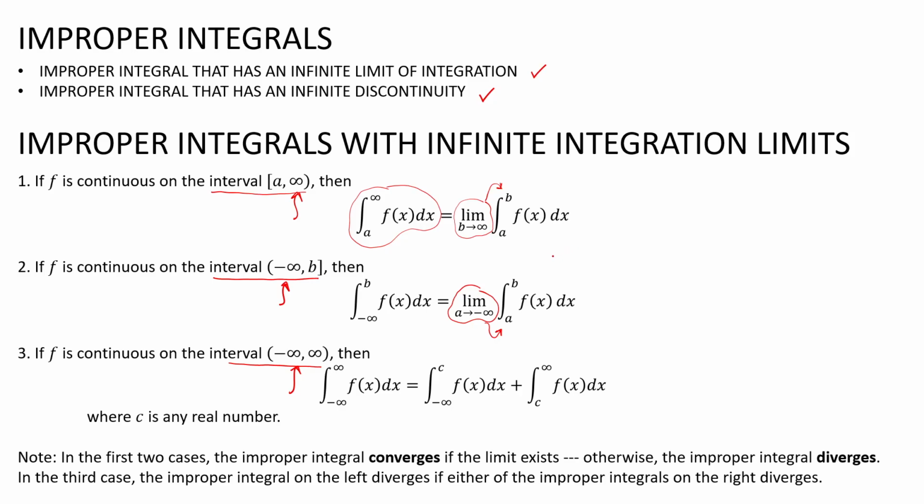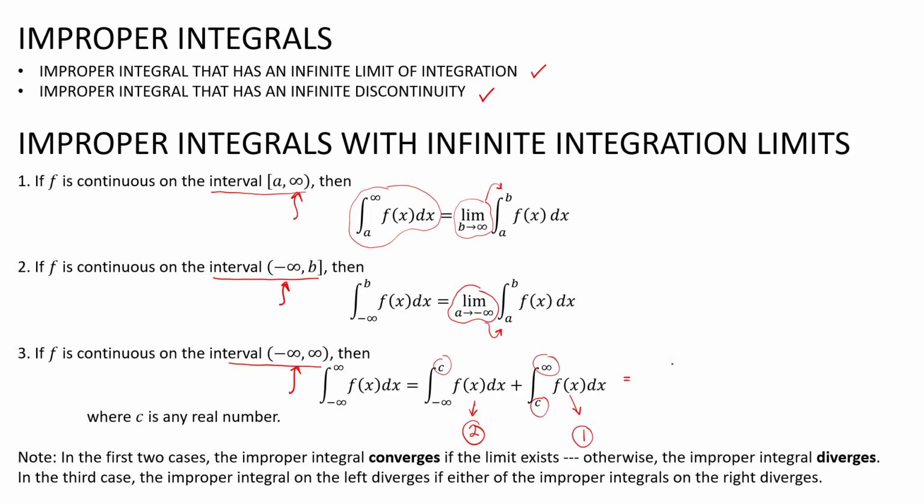If you have negative infinity to infinity, as we have discussed before in the properties of definite integrals, you can create a midpoint, or an in-between limit of integration, to separate the two infinite limits. So let's say from negative infinity going to c, and then from c going to infinity. Then for the first one you apply the second property, and for the other term you apply the first property of the improper integrals.